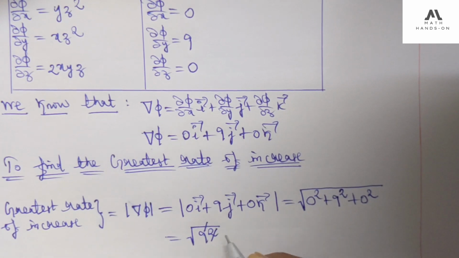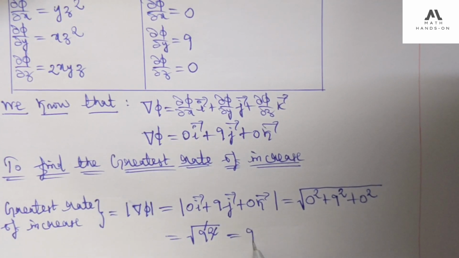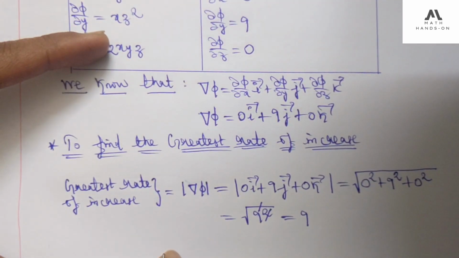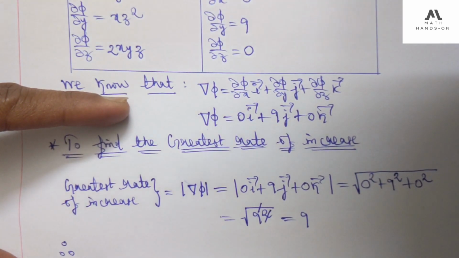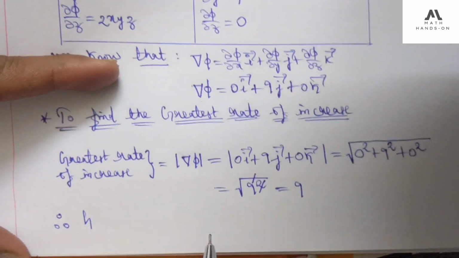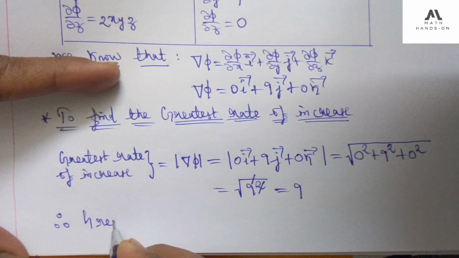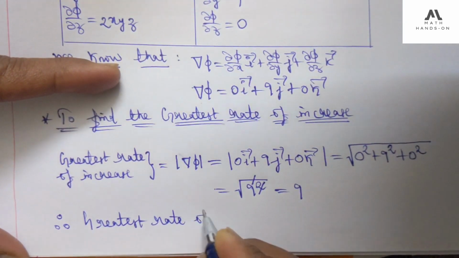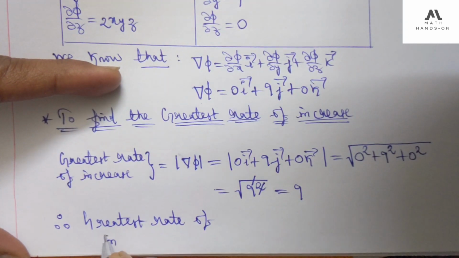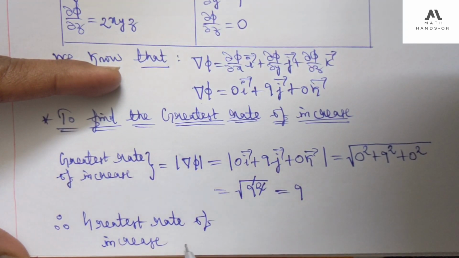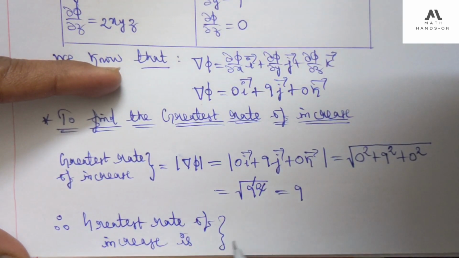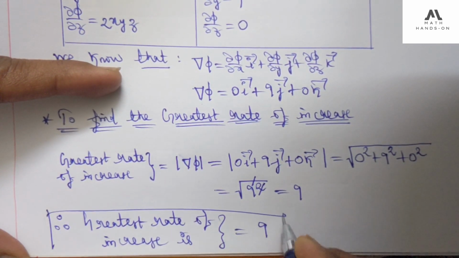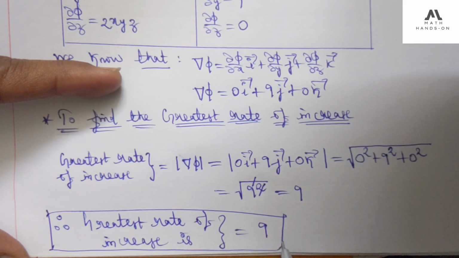So square and root cancel, we get only 9. Therefore, the greatest rate of increase is equal to 9. This is your final answer.